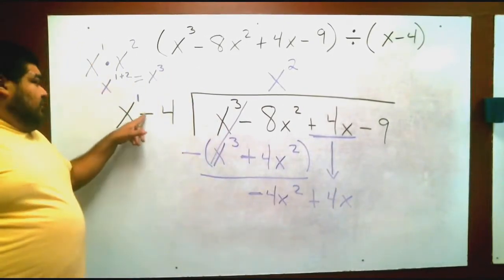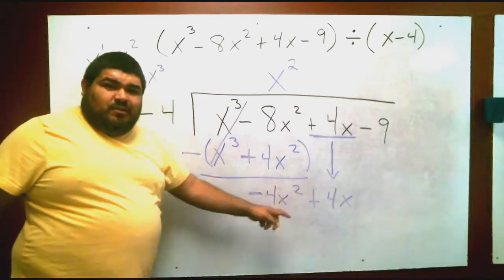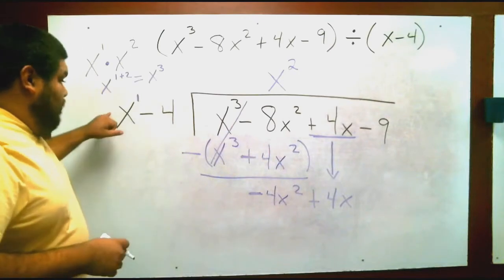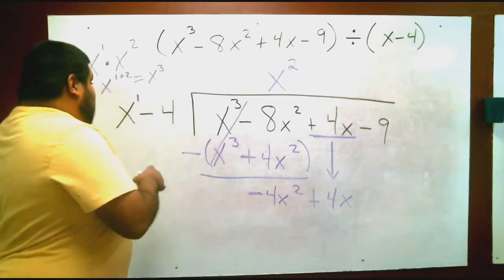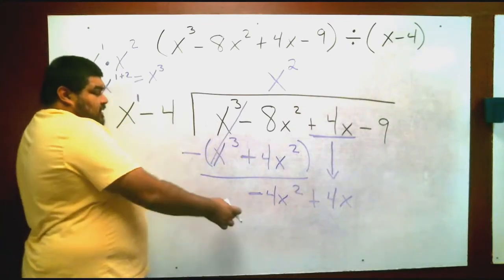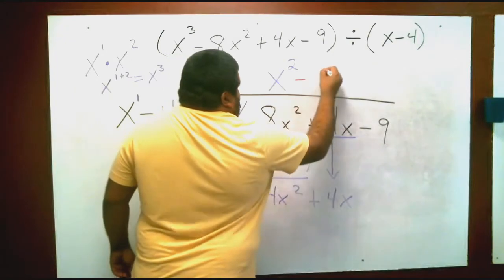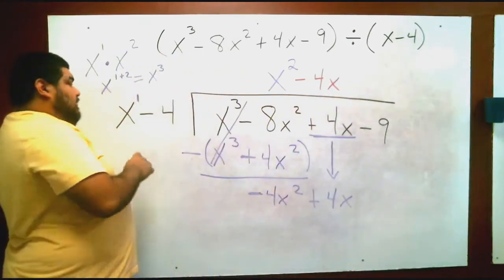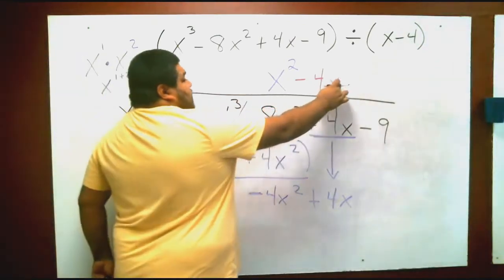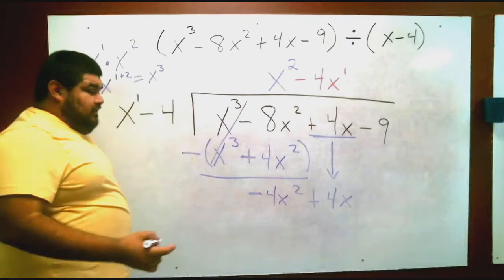We have x to the first. If we're trying to get to negative 4x squared, this time we need to make it negative because we're trying to make another negative. So we have negative x and 4x. We have negative 4x. The reason why 4x, because x to the 1 and x to the 1, because remember, there's a 1, is x squared.